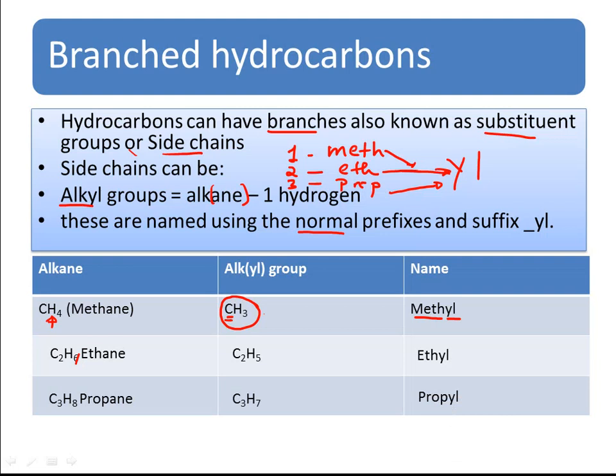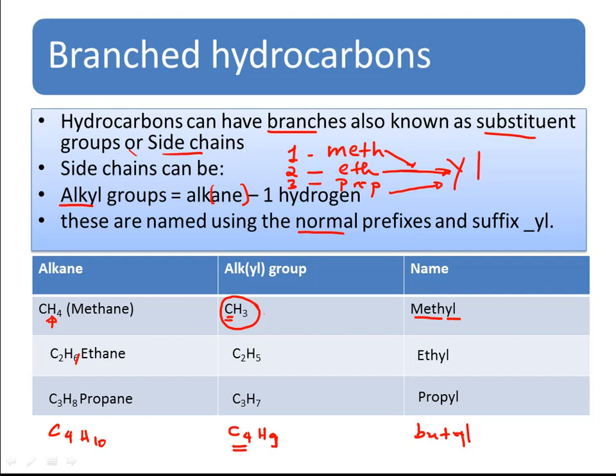I can carry on with C4H10, which is butane, and I end up with C4H9, which is a butyl group, because I've got 4 carbons. Usually the common ones are these ones here.